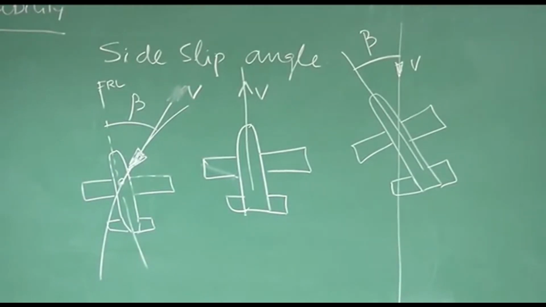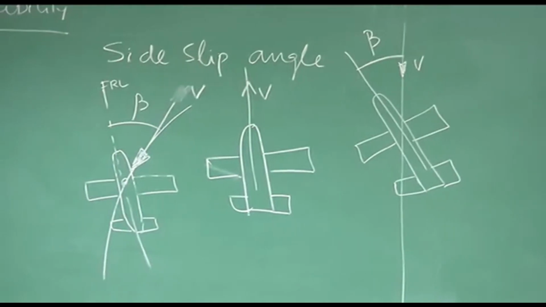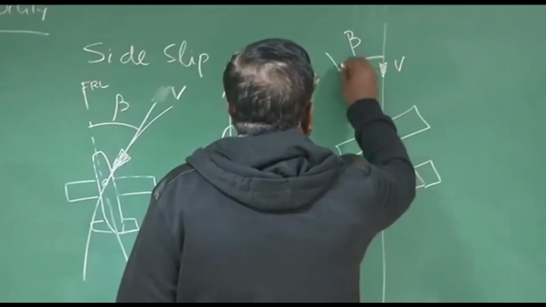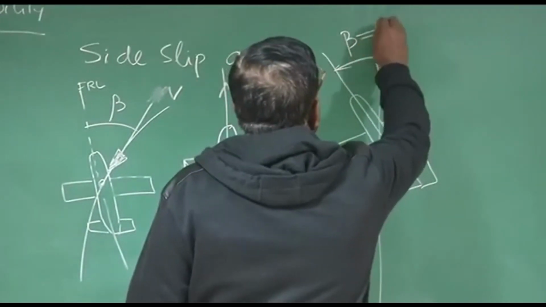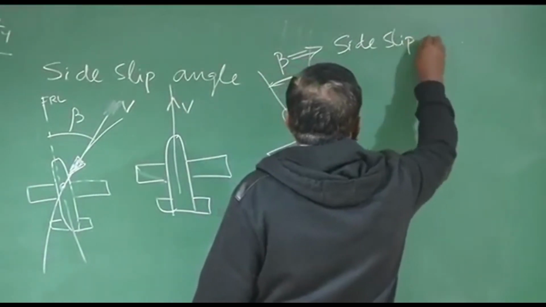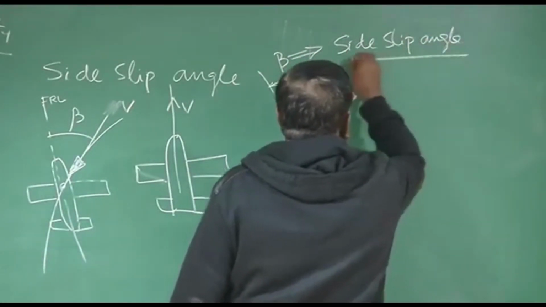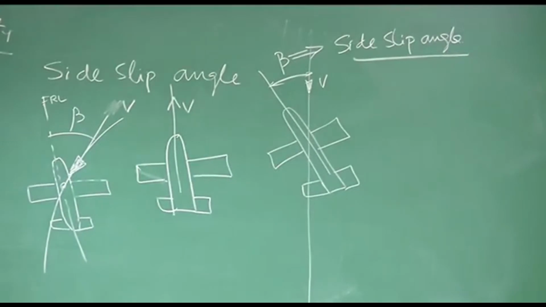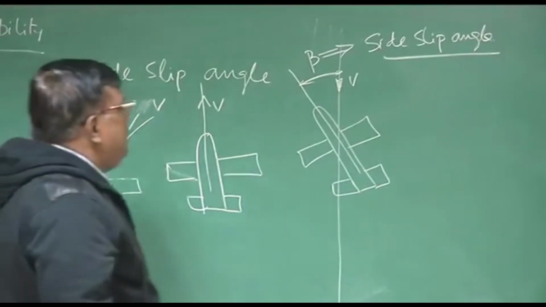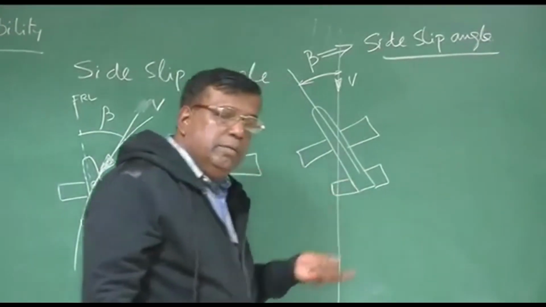We will see how the airplane responds to such a side slip angle, to ensure that it has some sort of static stability in the directional case. Soon you will realize how important the vertical tail is.